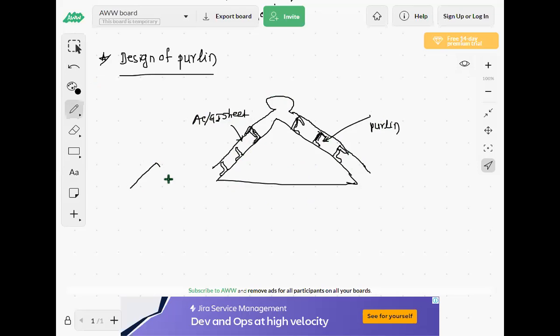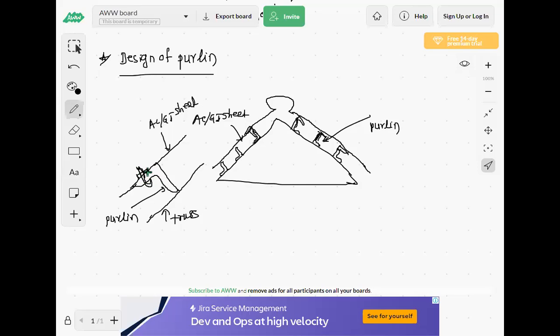If I enlarge this sketch, जर मी हे enlarge केलं, so this is your truss, this is purlin, this is AC or GI sheet, and here we are providing hook.